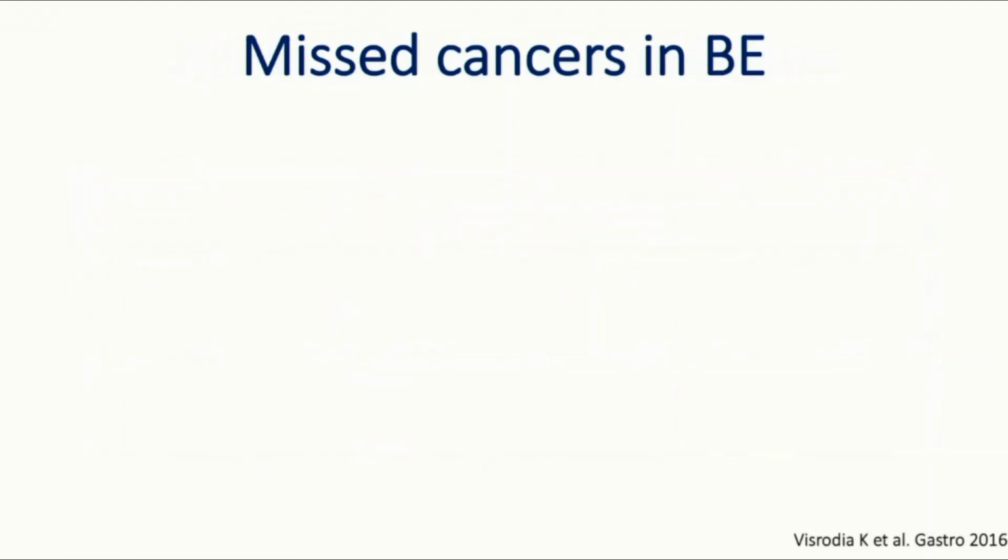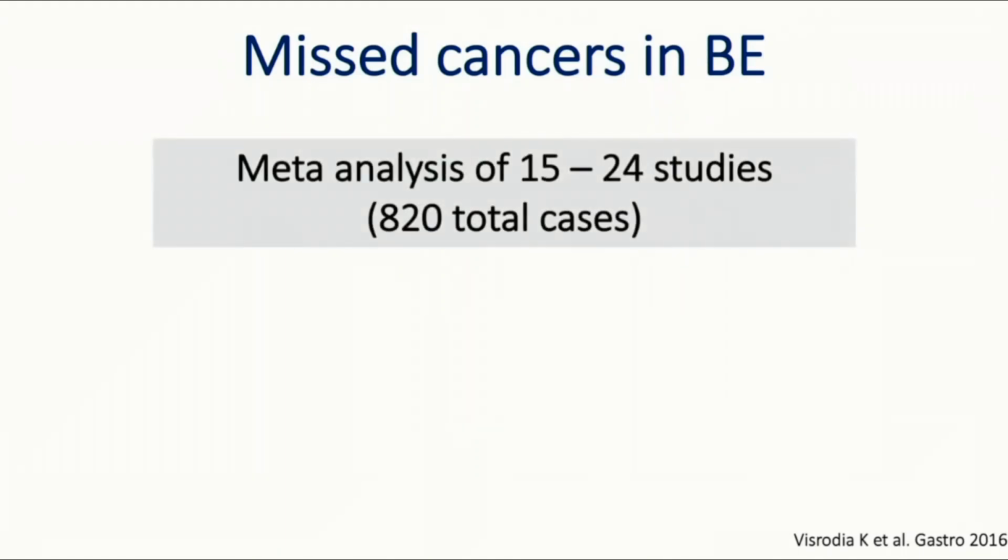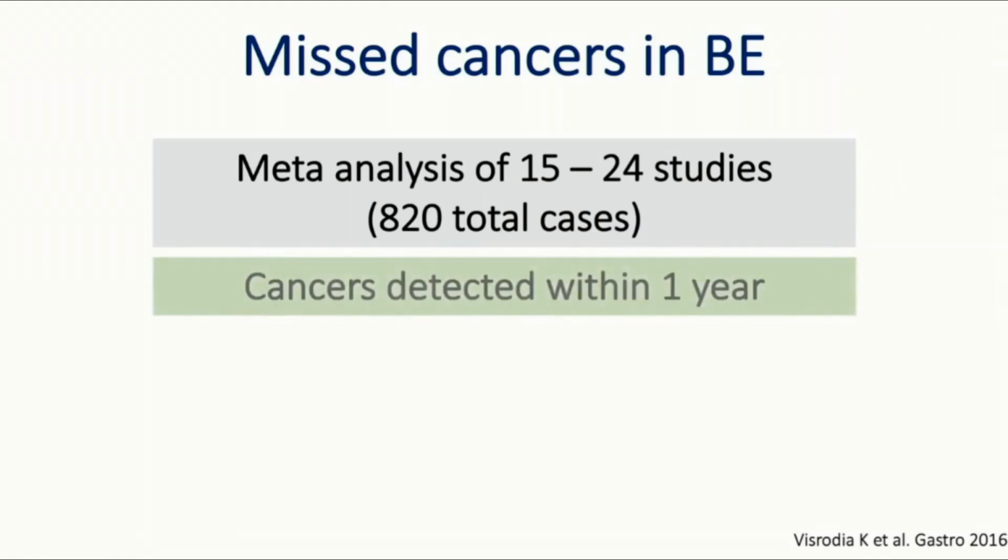So let's look at the first couple of those pearls. It's important to recognize that a lot of cancers in patients with Barrett's esophagus get missed. This is a meta-analysis of several published studies in which these investigators from the Mayo Clinic wanted to answer the question: out of all Barrett's cancers, how many were detected within the first year of the initial diagnosis of Barrett's esophagus?